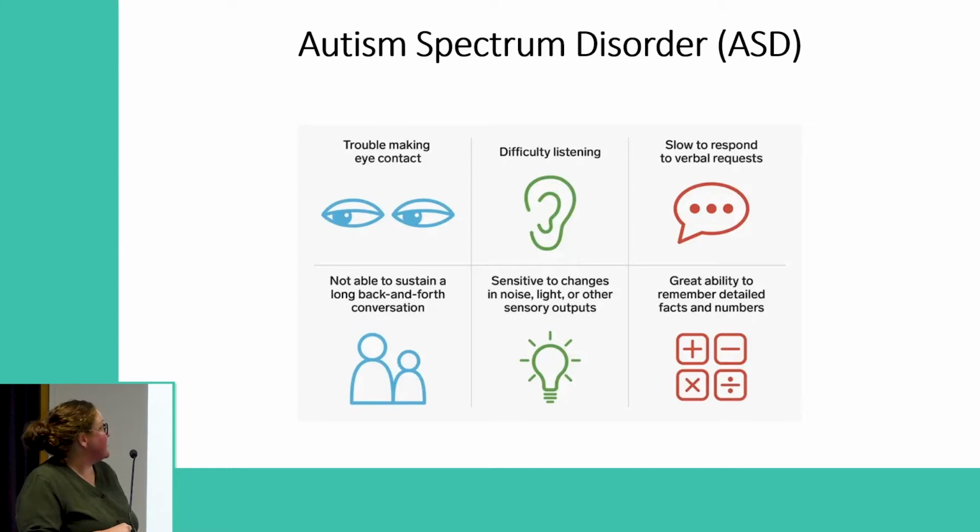They might have difficulty listening or communicating. They might be slow to respond to verbal requests. And also they can sometimes be sensitive to different sensory inputs. So sometimes noises can have a big effect on people, or bright lights.